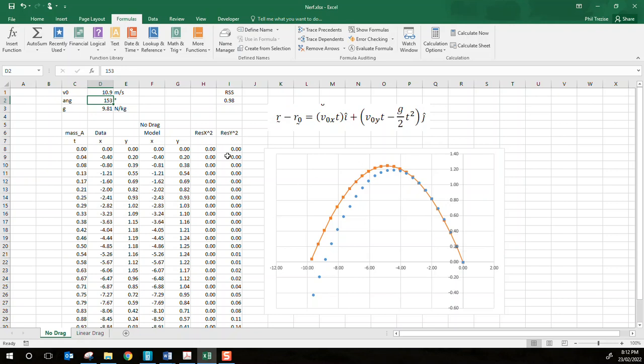Now, these residuals, well, they're just like any residual, but because we have two observation points, an x and a y point, and we have two predictions, I've just done a residual for the x values, so the difference between the observation and the prediction, and squared. Likewise with the y values, difference between the observed and predicted y value, and squared.